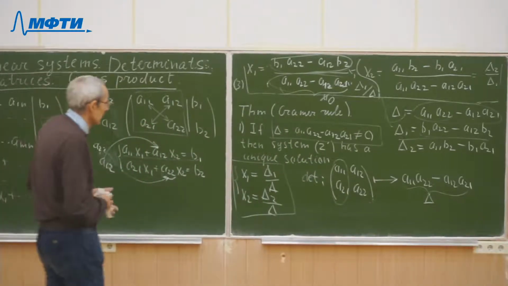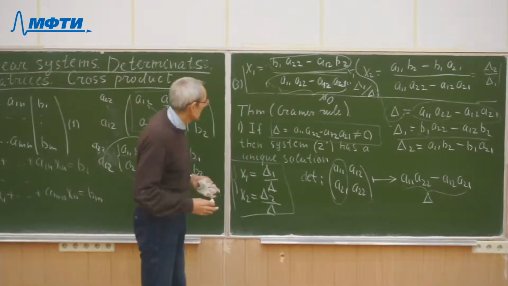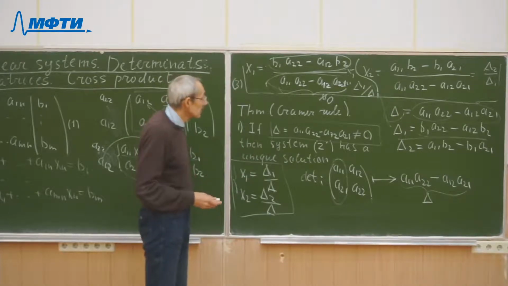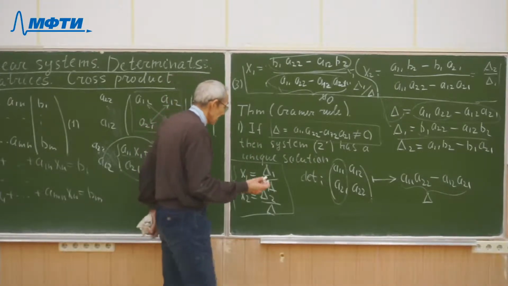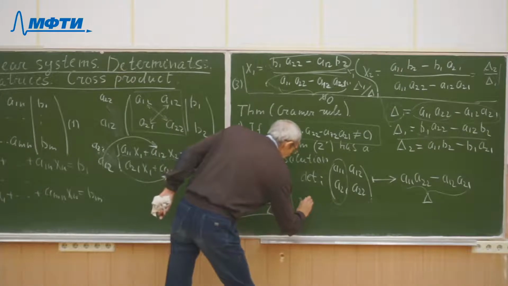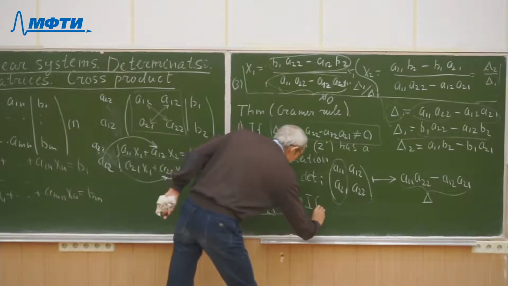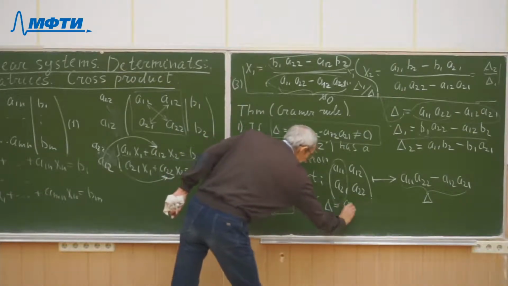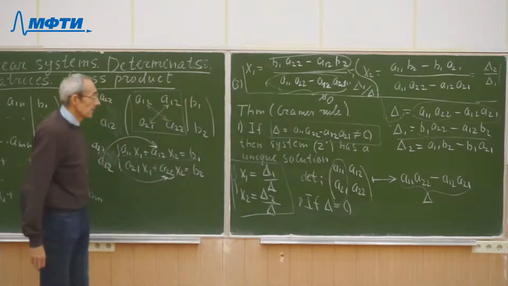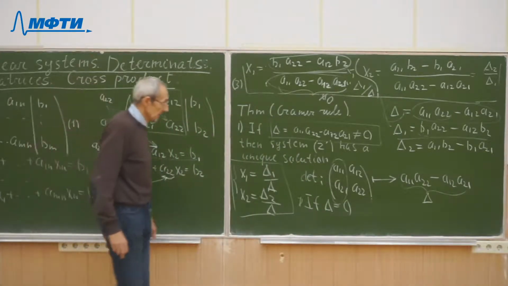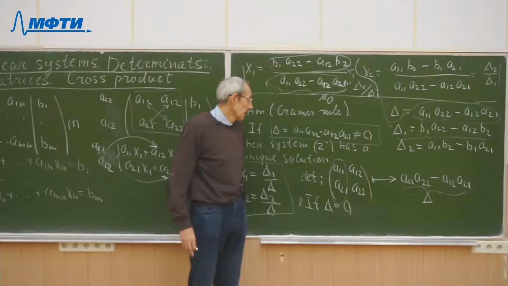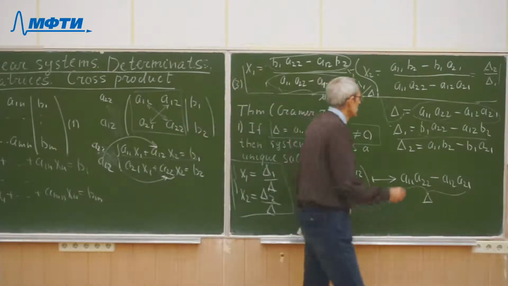But the determinant delta can be equal to 0. Let's consider this case, if delta is equal to 0. What does it mean that delta is equal to 0?